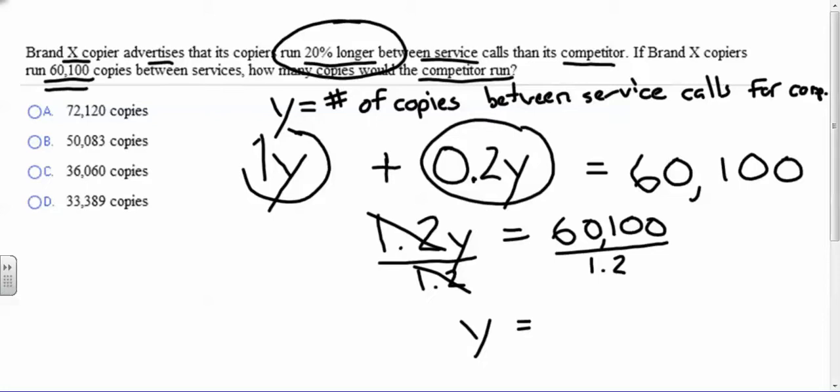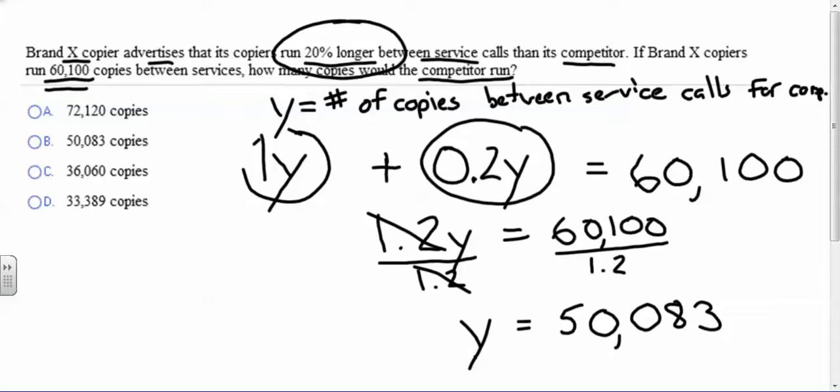What I get is 50,083 copies. And the decimal part is 0.3333. So that would round down to 83 copies, not round up to 84 copies, since it's 0.3. So that is the number of copies between service calls for brand Y.